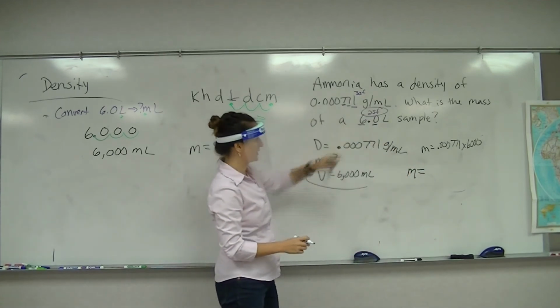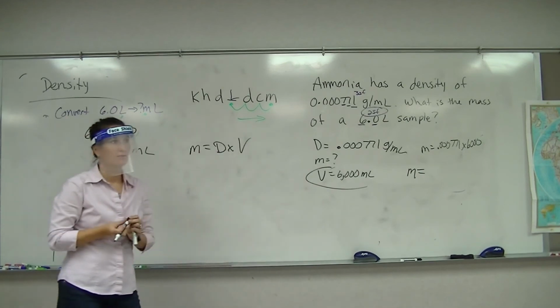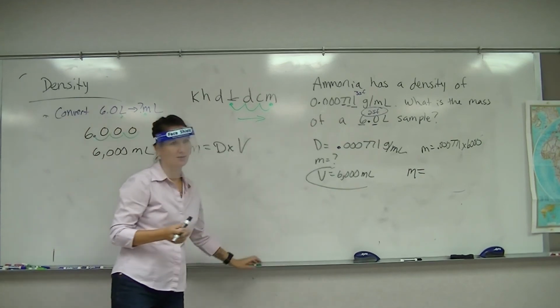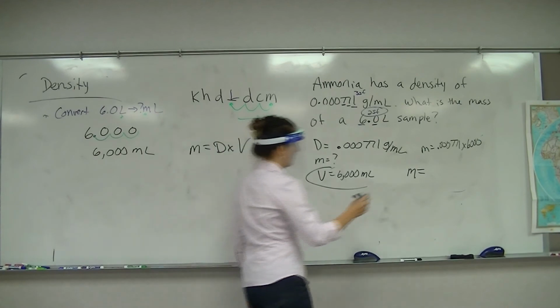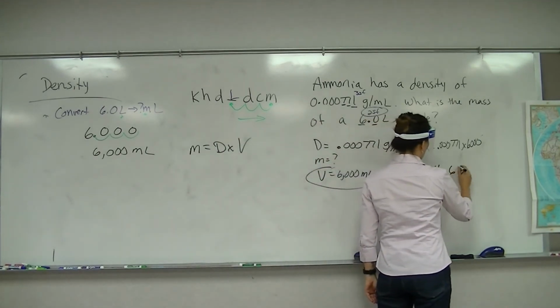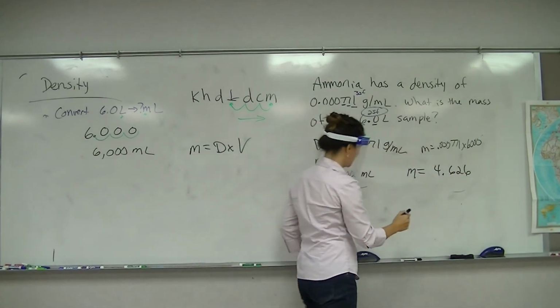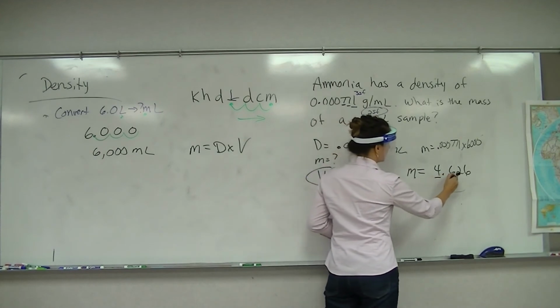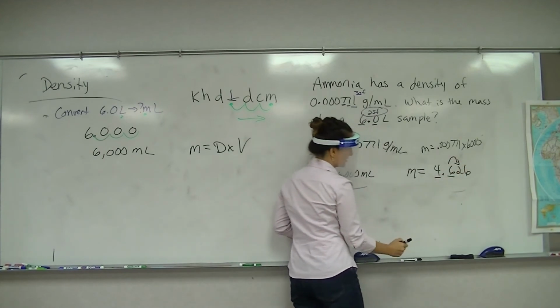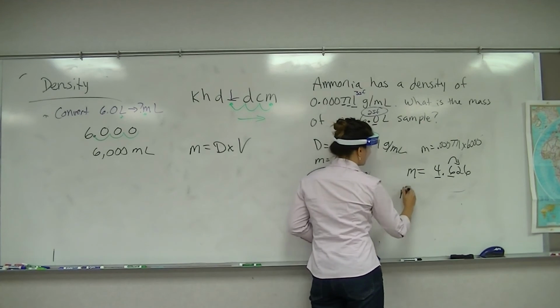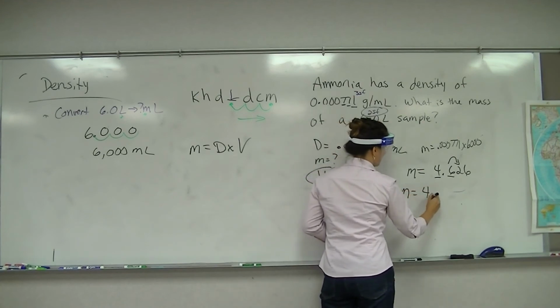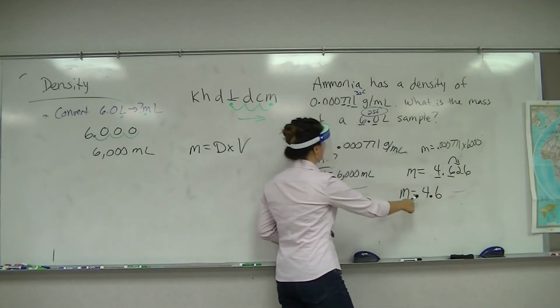And we want 2 sig figs. The answer is 4.626. That's good. 4.626 on your calculator, and we just wanted 2. So 1, 2. Go to the number next, so that's going to stay a 6. 4.6, and then the units on it.